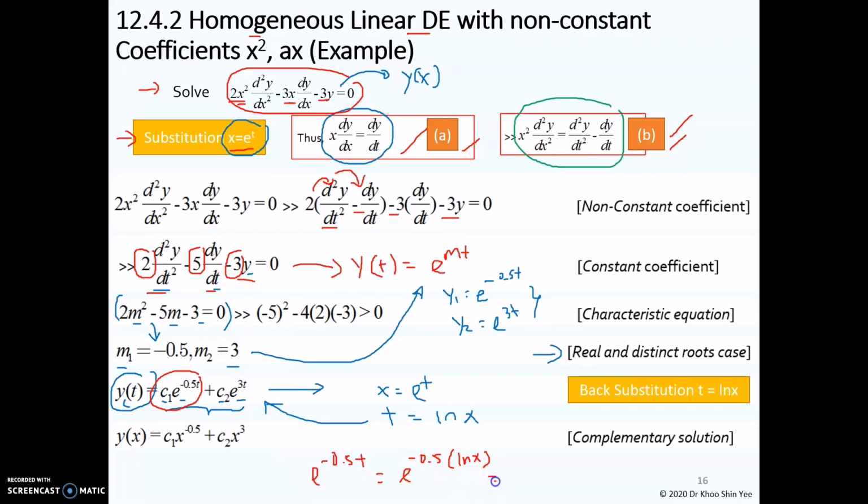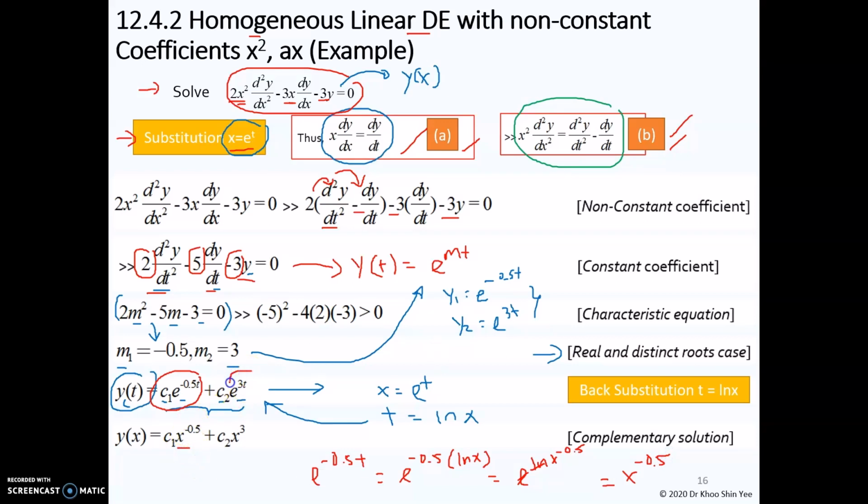So this can be converted to exponential ln x to the power of negative 0.5. So exponential and ln here can be cancelled to give you x to the power of negative 0.5. With that, you obtain this solution.